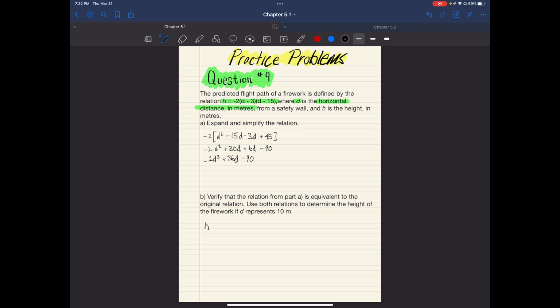So we know h at 10 is going to equal 2 times 10 minus 3 times 10 minus 15 equals 2 times 7 times -5 equals 2 times -35.